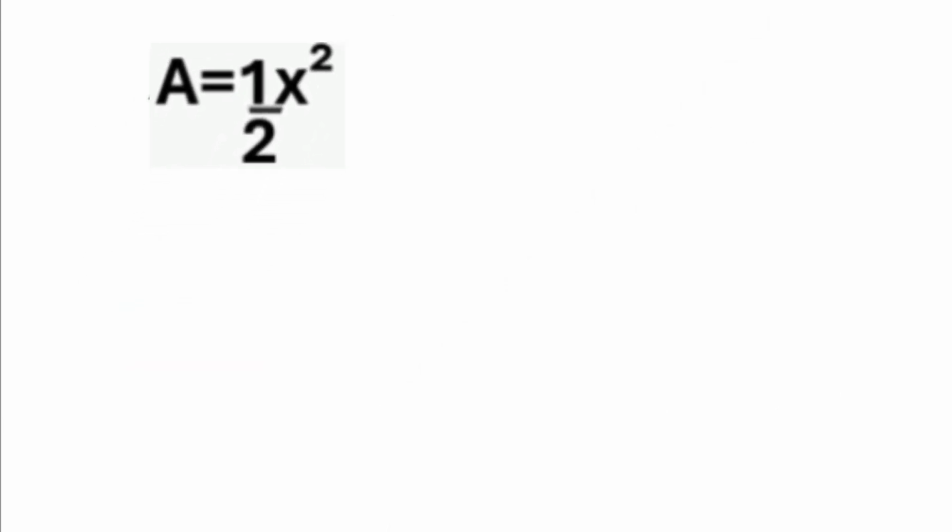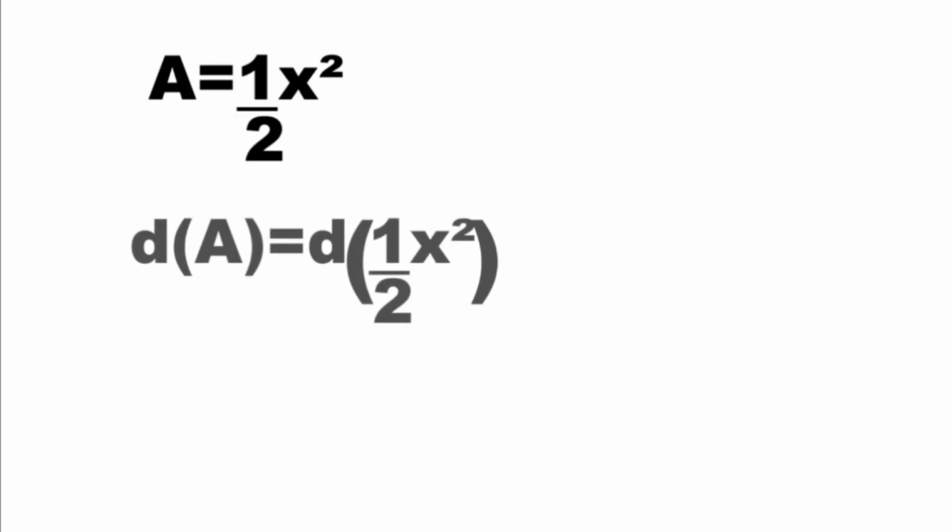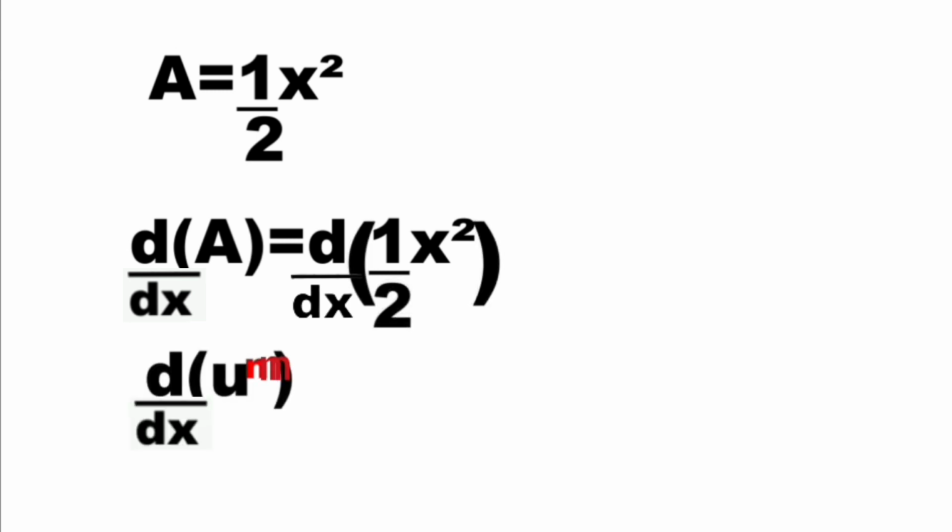Let's concentrate on the area equals 1/2 x squared. If we take the derivative of the area A, it's equal to the derivative of 1/2 x squared. Using the power rule, the derivative of u to the power or exponent n is equal to n times u to the power or exponent n minus 1.